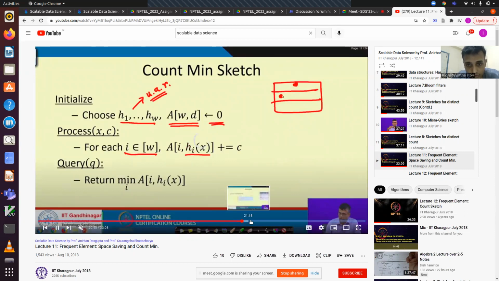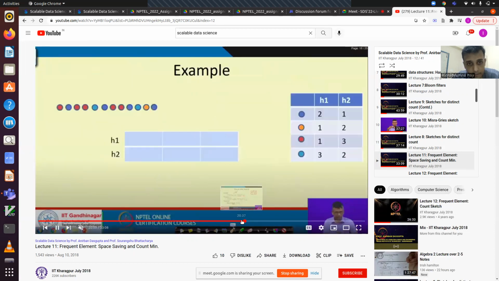This real world example that he is trying. So in count mean sketch, you have many hash functions. Here they have shown 2, but you can have any k, h1 to hk. You have as many rows as there are hash functions, and a certain number of columns.